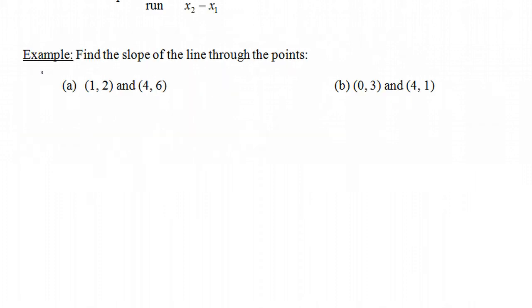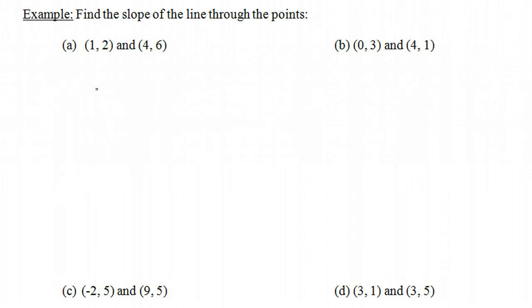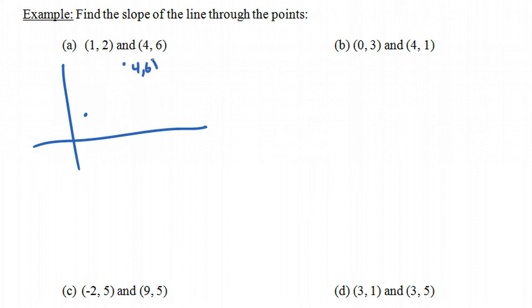Part A, find the slope of the line that goes through the points (1, 2) and (4, 6). You don't actually need to draw the pictures in order to do this, but I want to draw the picture just to get a feel for what's happening. (1, 2) is about here somewhere. (4, 6) is about here. Just do a real rough sketch of the graph.